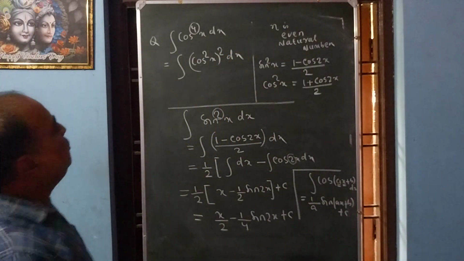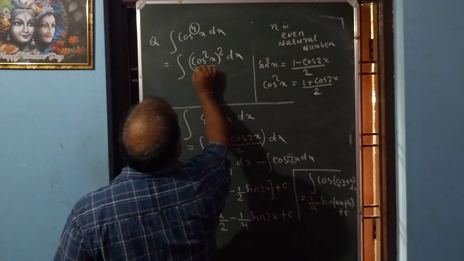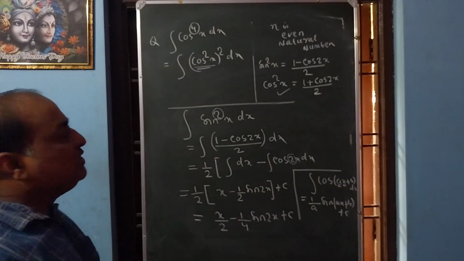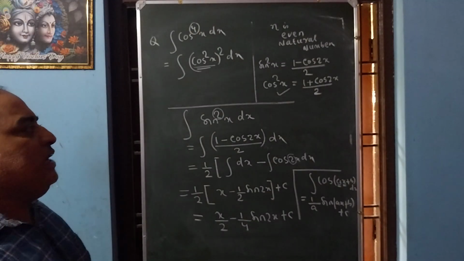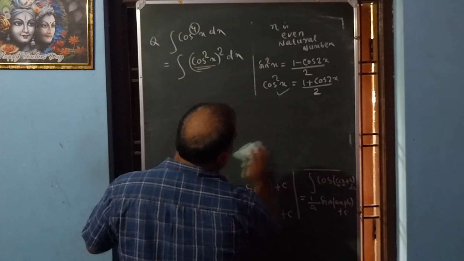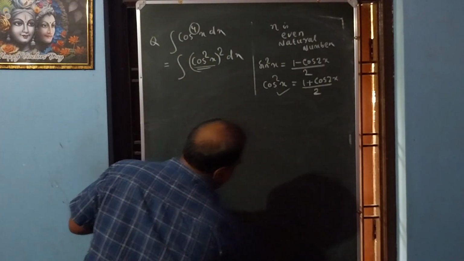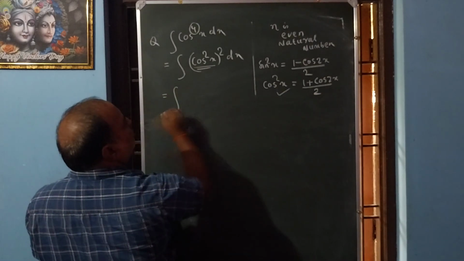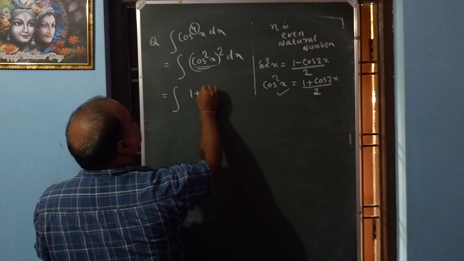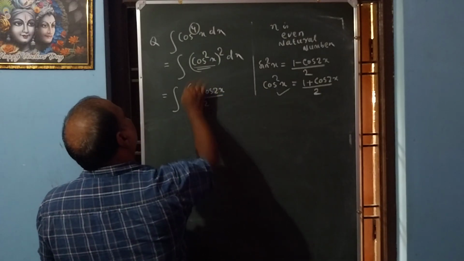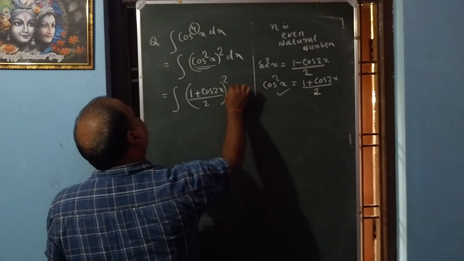Now we have to put in place of cos square x: cos square x is equal to 1 plus cos 2x by 2. Put there. So we get integration of 1 plus cos 2x by 2 whole square into dx.